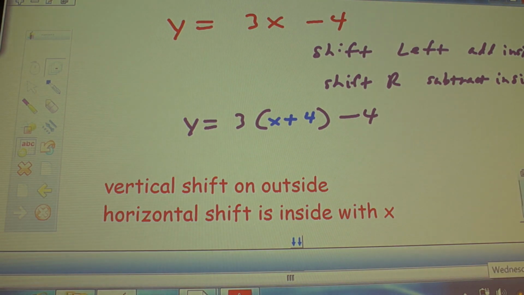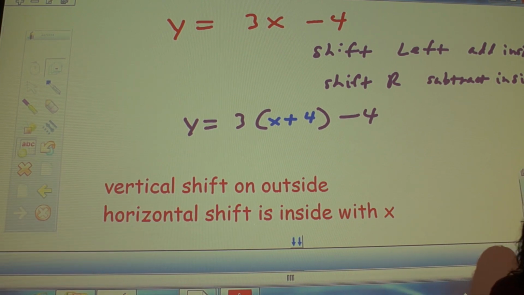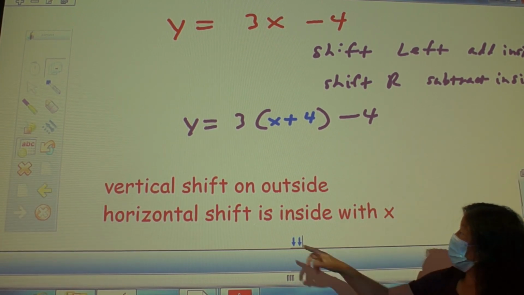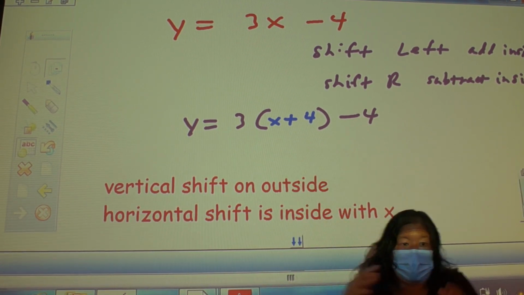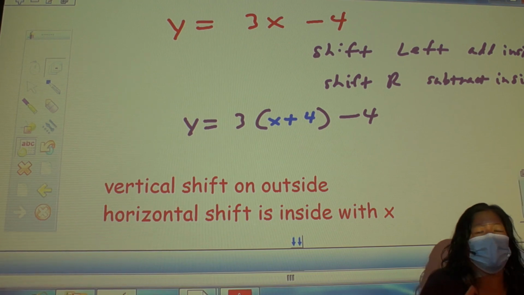So my vertical shift is on the outside, so I just tack it on to the end of the equation. The horizontal shift is inside, right where x is. And because it's on the same side as x, it's the opposite sign.